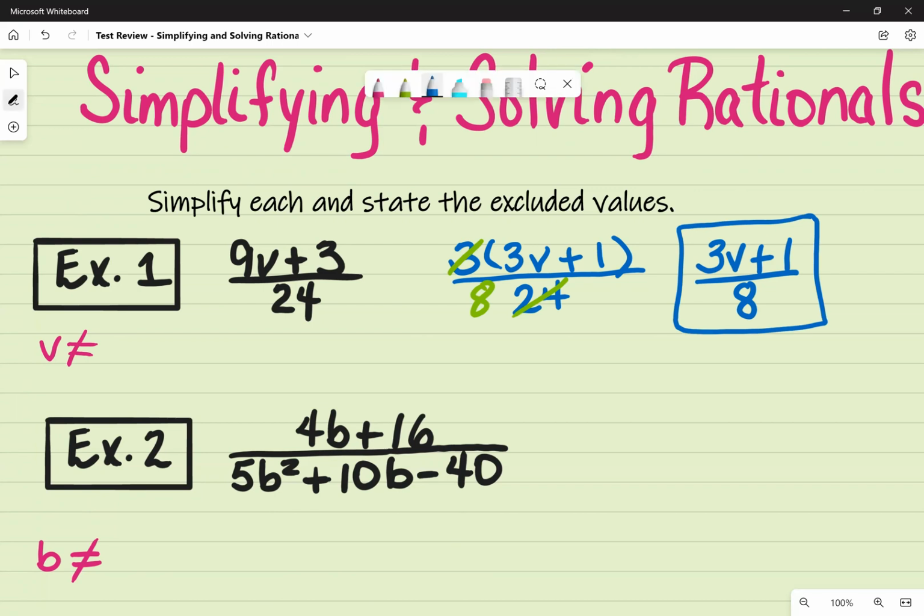The directions ask me to state the excluded values. The excluded value means what will make the denominator equal 0? Well, since there is a number there, there's nothing that can make that number equal 0.